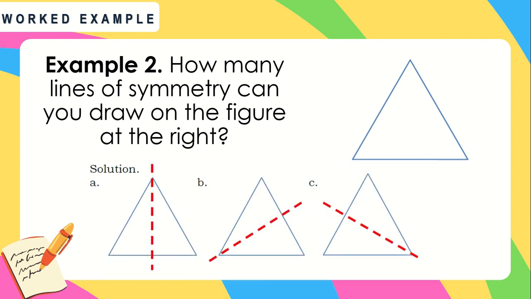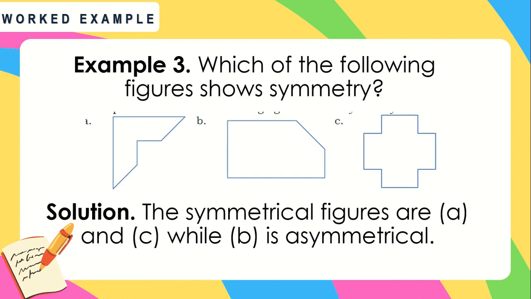Here is the right answer. Example number 3. Which of the following figures shows symmetry? For the solution, the symmetrical figures are A and C, while B is asymmetrical.